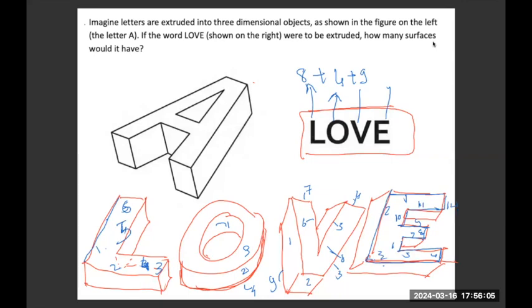One on top surface, this is the top surface and the bottom surface. So 12 plus 2, 14. The total number of surfaces in the word LOVE is 35, which is what I'm looking at. Okay. 8 plus 4 plus 9 plus 14. We'll move to the next one.